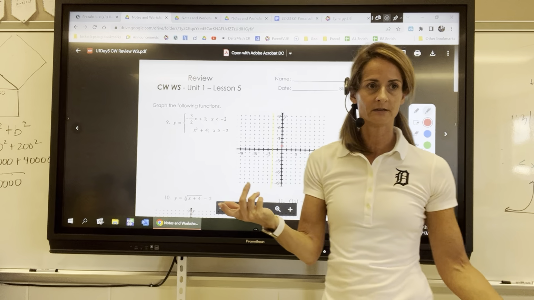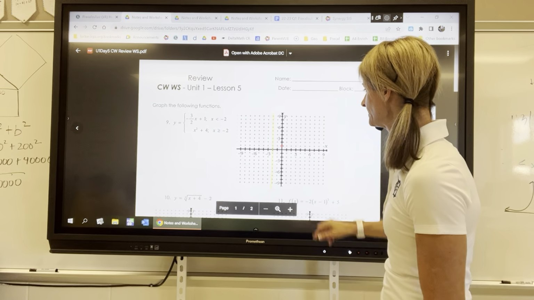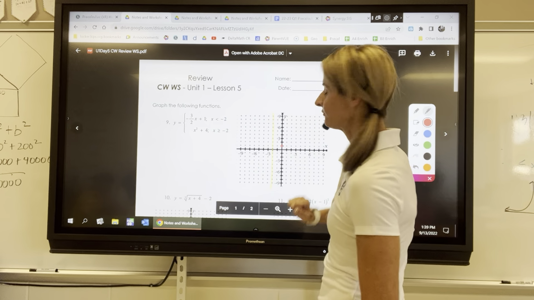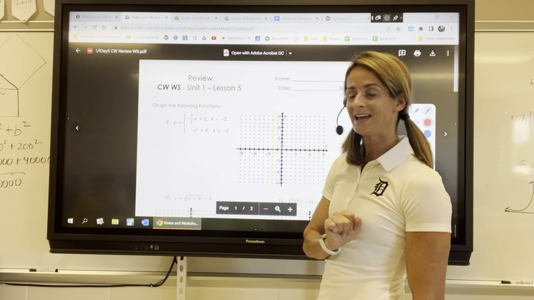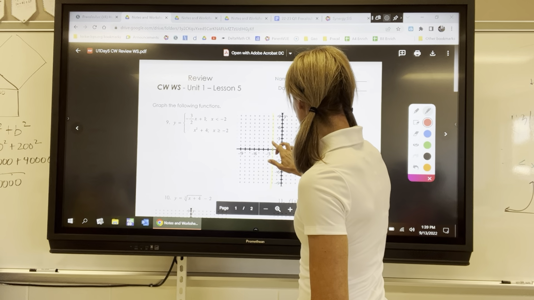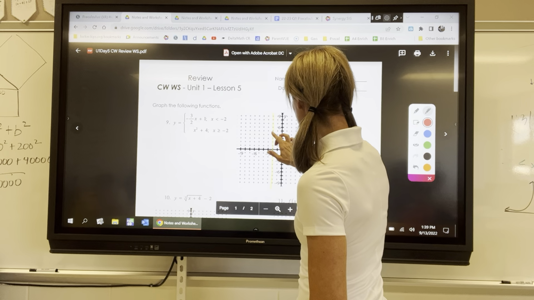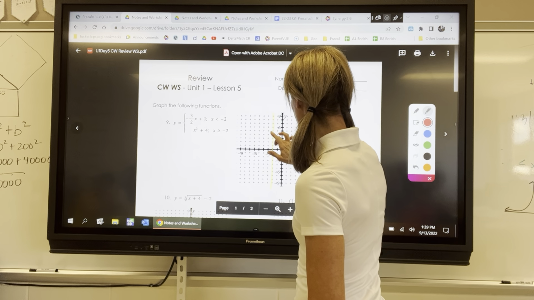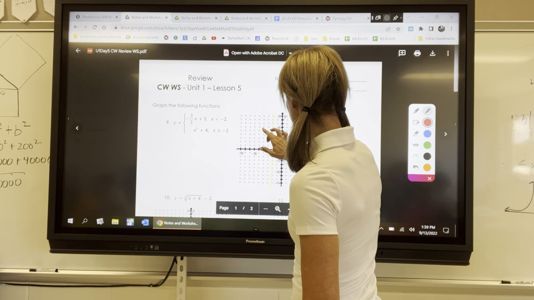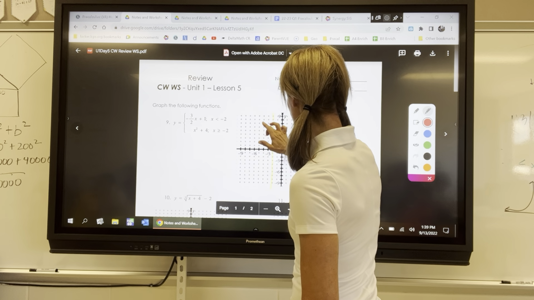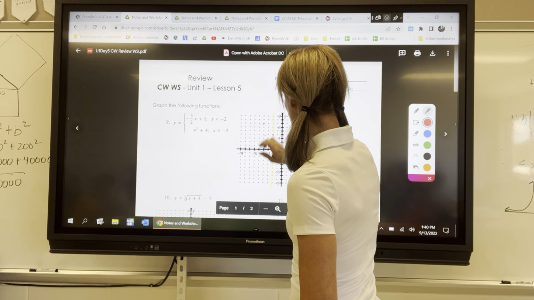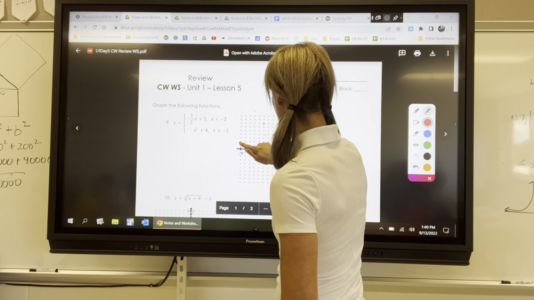I couldn't even see the dots on the screen, so you guys have to be able to see them. So from there, slope is -3/2. I'm going to go over 2, up 1, over 2, and so on, something like that.